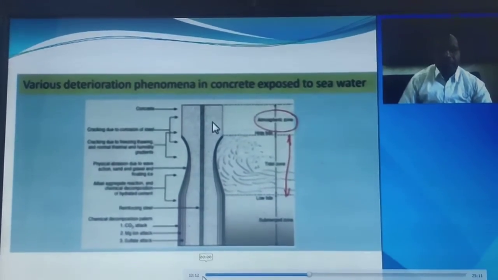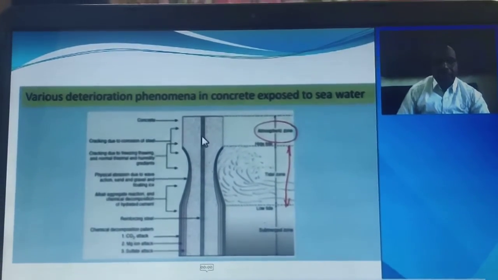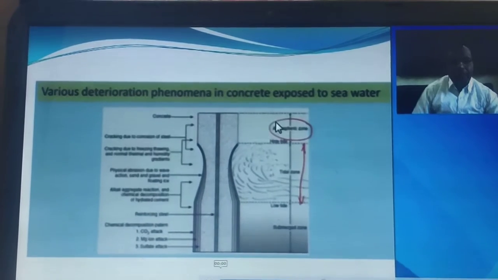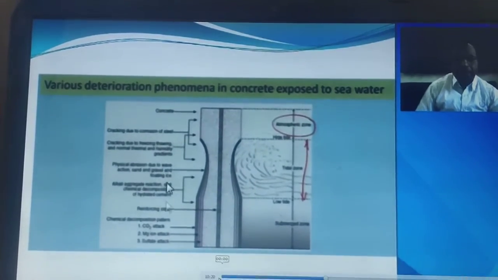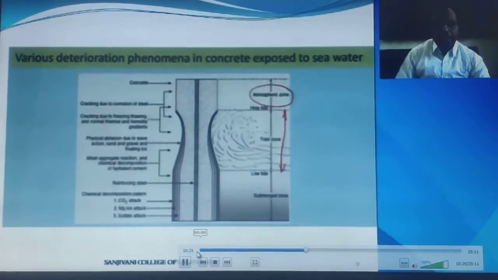So in one structure it is subjected to different types of environment, and care must be taken in such structures while designing the concrete.